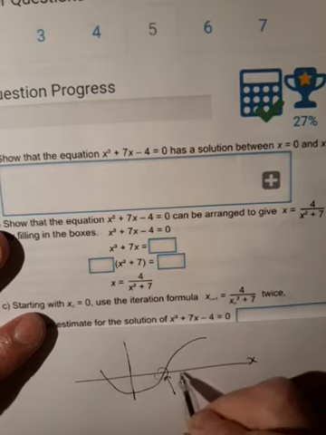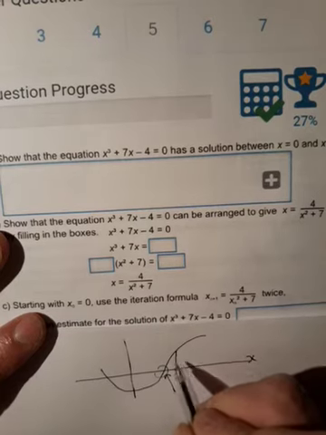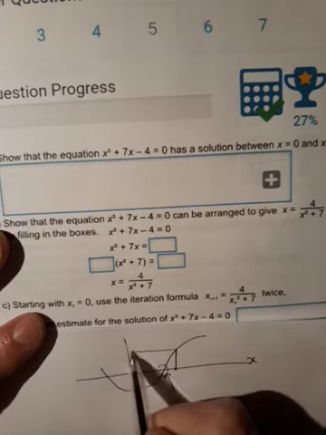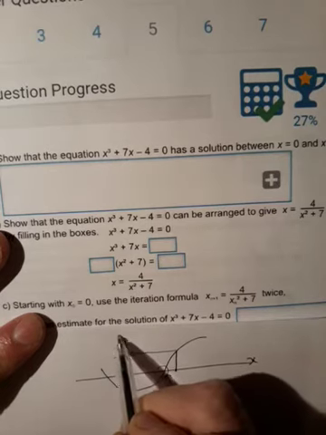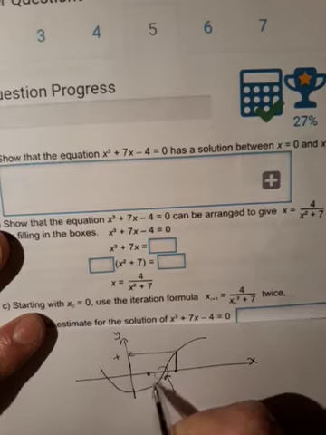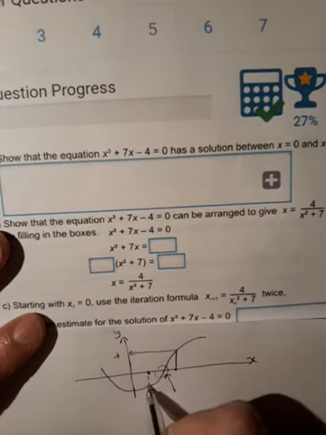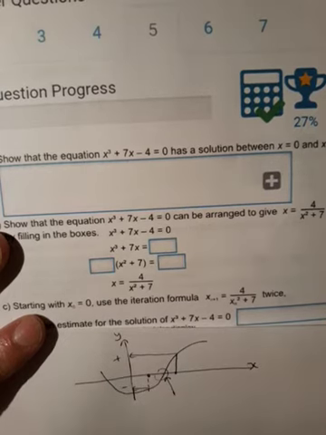Now if I substitute a value slightly higher into that equation, I'd get a positive result for y. And if I substitute a value slightly lower than the x value that I'm after, I will get a negative value.